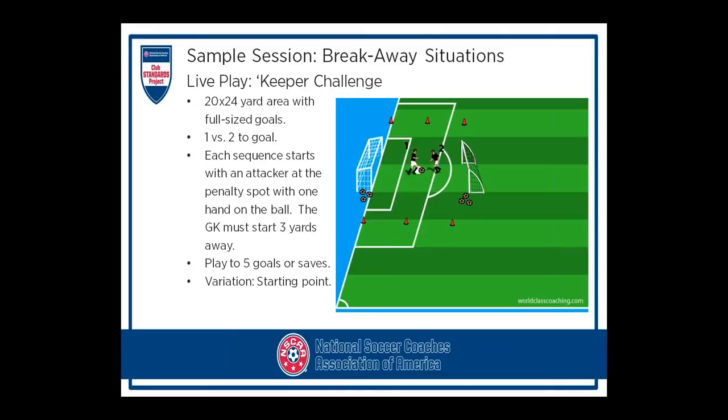As soon as the attacking goalkeeper removes his or her hand from the ball, the situation is live. And again, if the defending goalkeeper backs up or holds his or her ground, they're going to get scored on. If they're aggressive and get into the feet of the attacking goalkeeper, they're going to limit that player's options and feel that comfort level of being able to really be aggressive and get after an attacker in a tight space there.